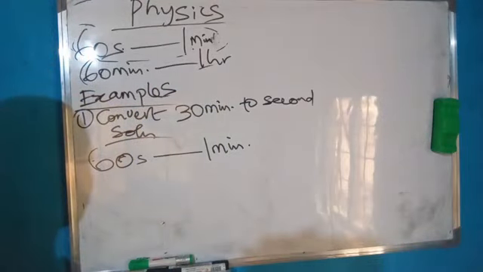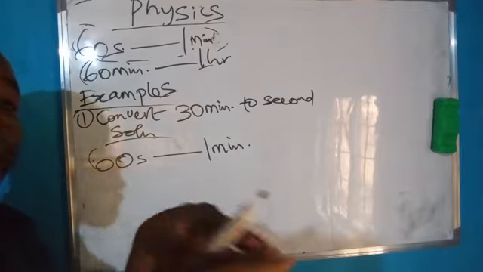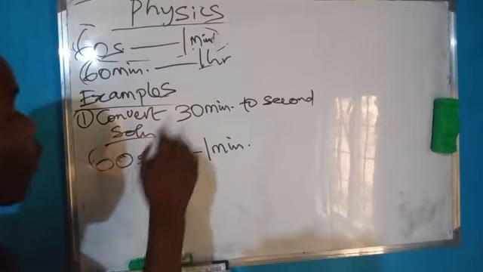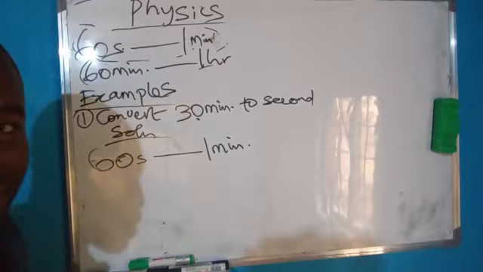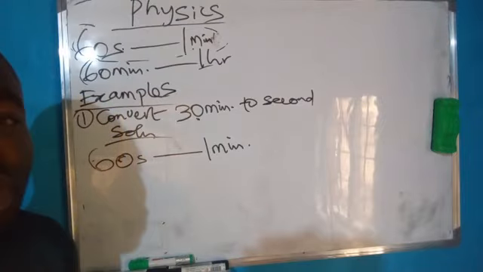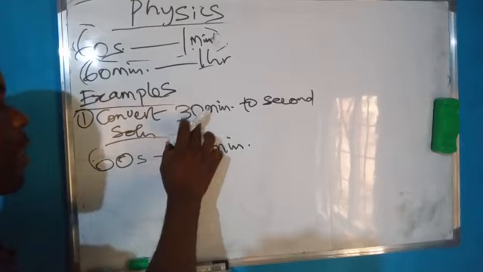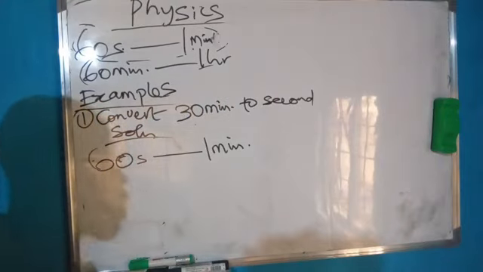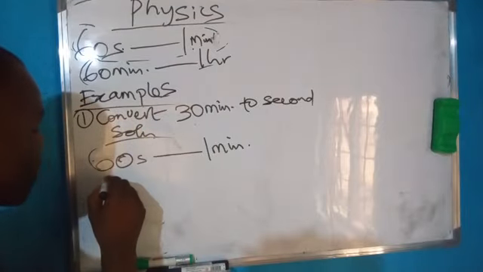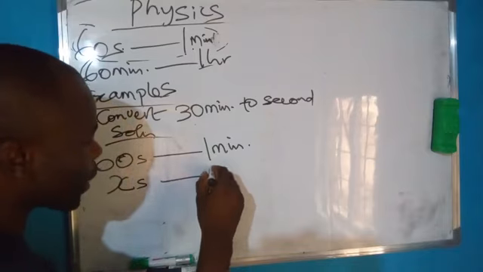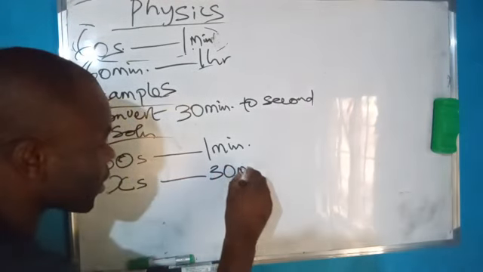Now, the unknown seconds, the seconds that you have not known, which is what you are asked to find, you make it x seconds, will give you this 30 minutes. You don't know the number of seconds, but all you know is that you have 30 minutes. This 30 minutes is meant to give you that second, but you have not known the second there. So you just write unknown seconds, x seconds, will give you 30 minutes.